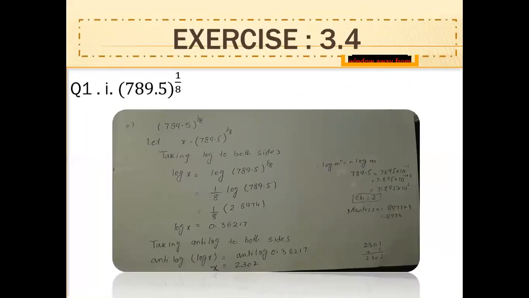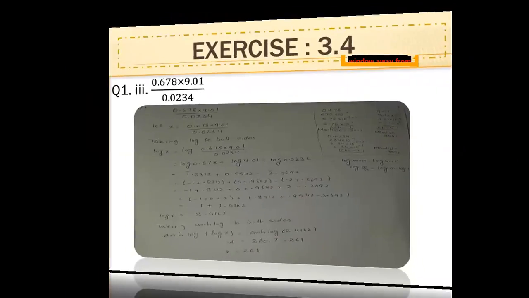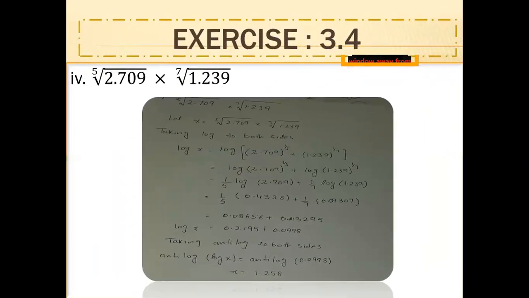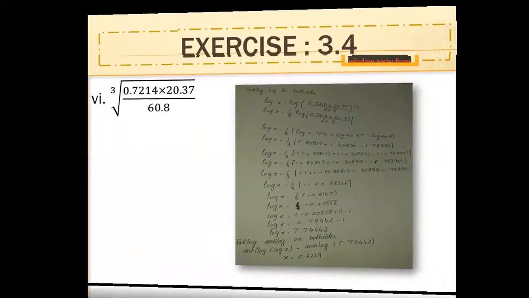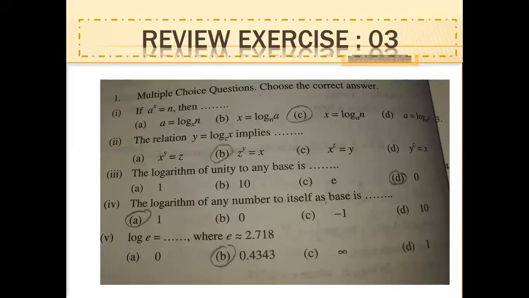Now students, the remaining part and also the review exercise, you will do all the questions by yourself. I already did all the questions for you and I pasted the copy here. After doing the question, you can tally your solution with these given solutions. Come to the review exercise of 3 multiple choice questions.